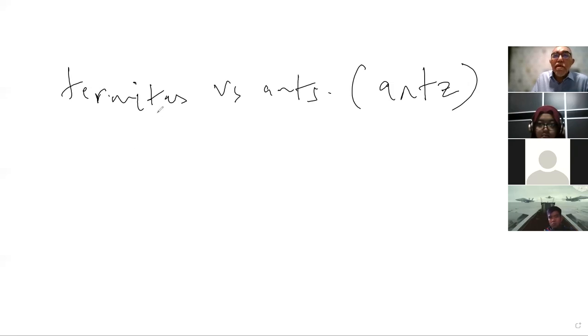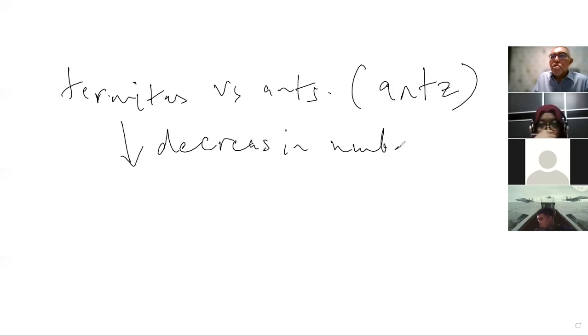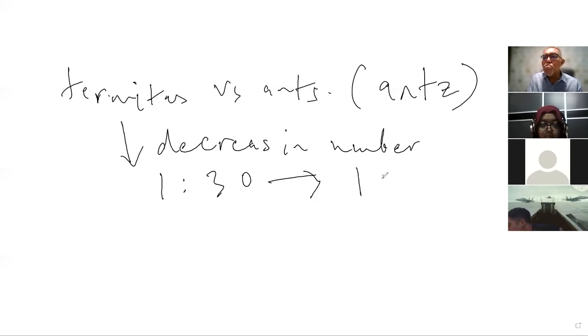So the termites in that situation, in a situation of conflict, will decrease in number. So now the ratio is no longer 1 to 10, it's probably 1 to 30. So it led to a situation whereby the defense mechanism of the colony is very much deficient. So it needs to be restored to 1:10, the ratio of 1 soldier to 10 workers.